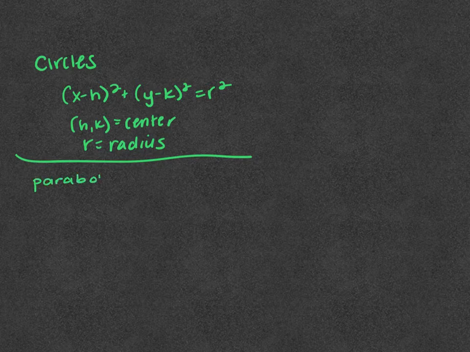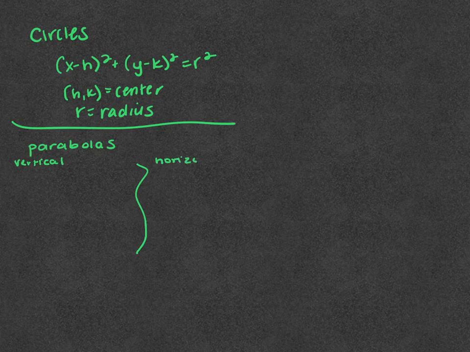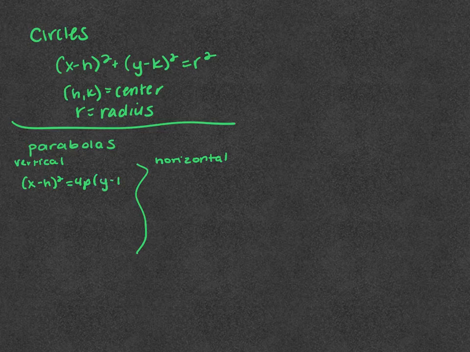Then come the parabolas, and there are two types: your vertical and your horizontal. The vertical is x minus h squared equals 4p times y minus k. And the horizontal is y minus k squared equals 4p times x minus h.